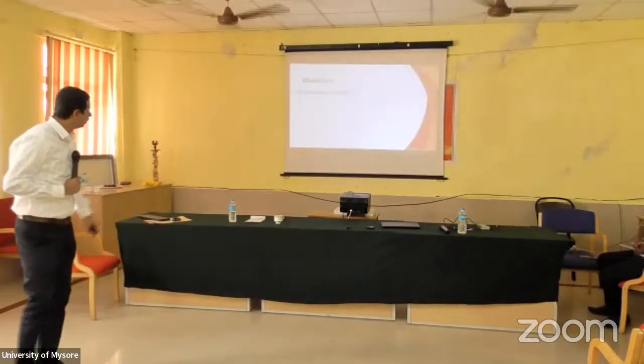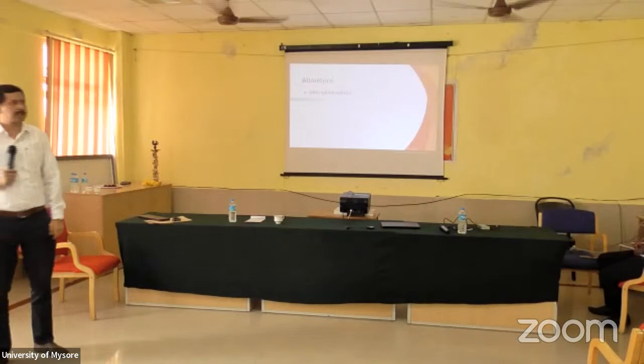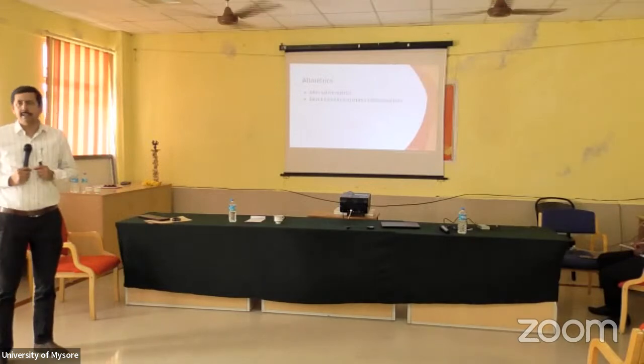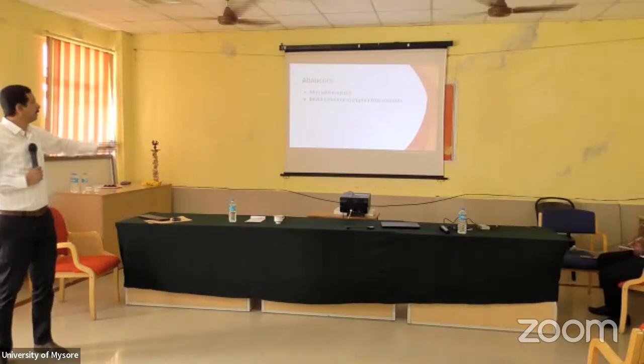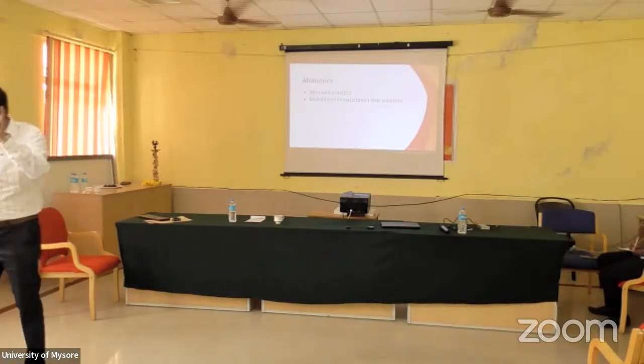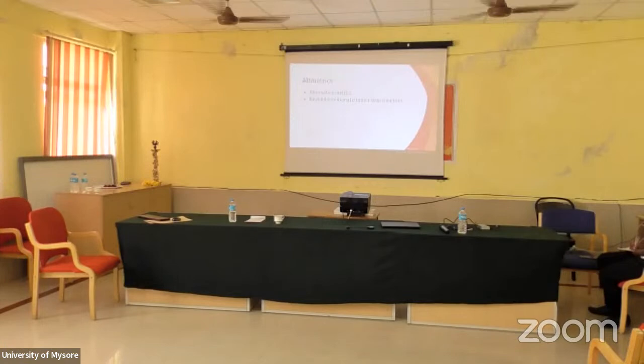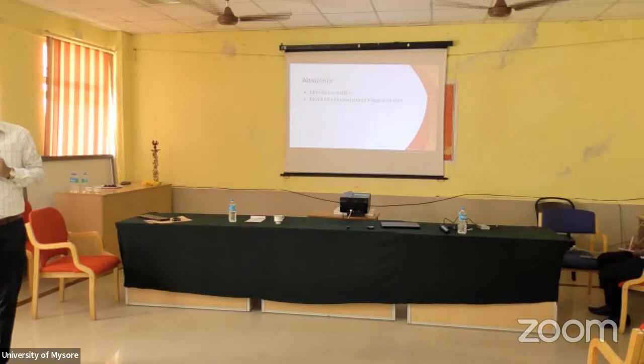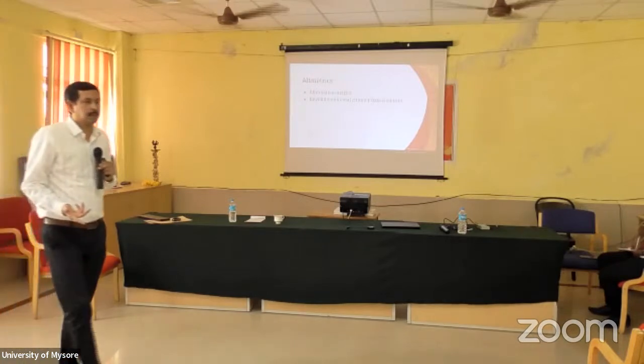So altmetrics is alternative metrics, and it goes beyond traditional citation based metrics. All traditional metrics are citation based. Citation in what? Citation in only scholarly sources. We are not taking into account non-scholarly sources and public platforms, public documents.